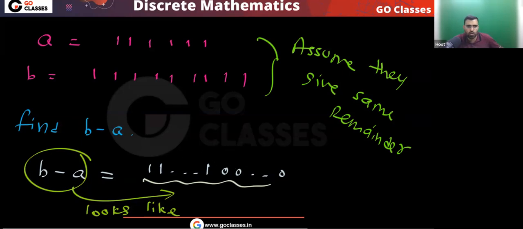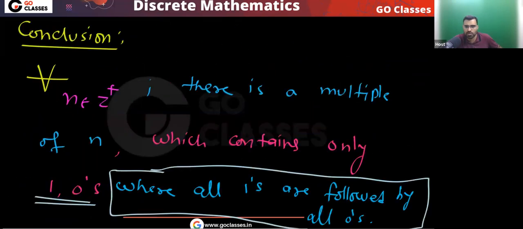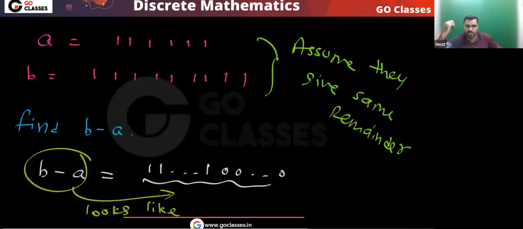Oh, here 1 is followed by 0. Where all the ones are followed by 0, yes, this is correct. I have written the correct statement, right? Here also you can notice these ones are followed by 0.